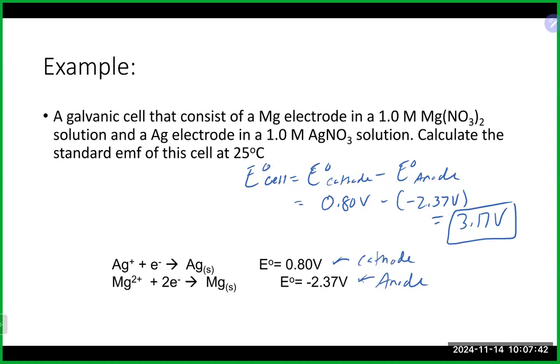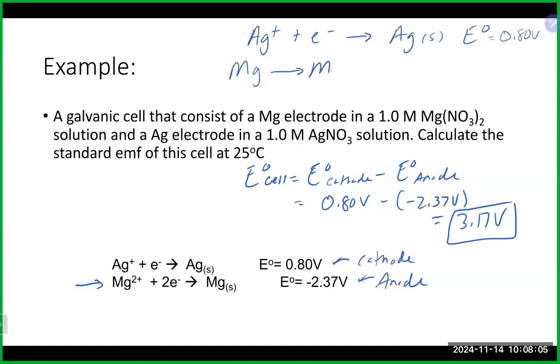Now, technically, if you wanted to fix it up and get the overall reaction, we do have this guy here, which is written correctly. This guy, which is our anode, technically that equation would need to be reversed if we wanted to put it together properly. And since I did reverse it, this would then become positive 2.37 volts.